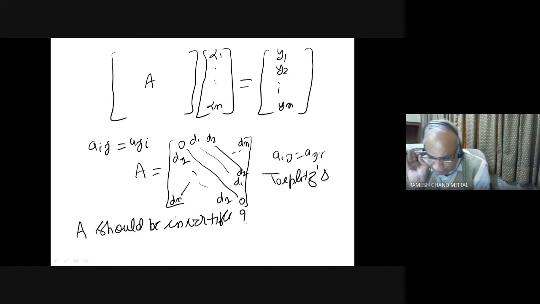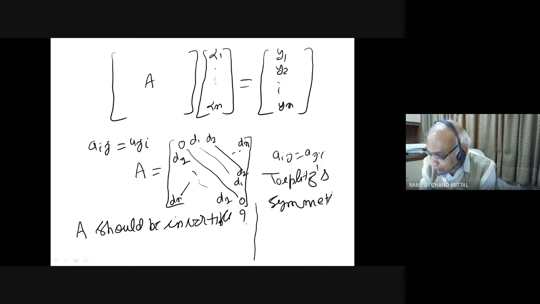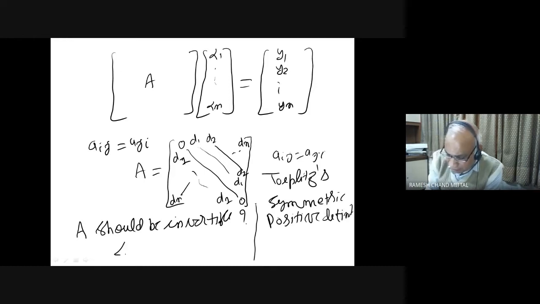Now, in general, it is a symmetric matrix. At the same time, it is positive definite. That is, the inner product of AX with X is always positive.